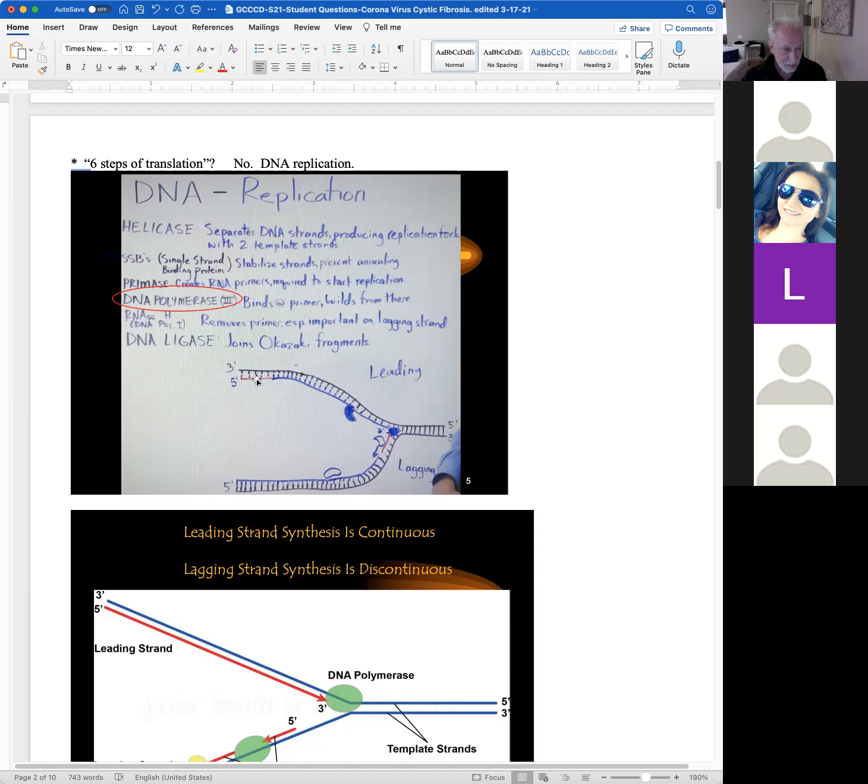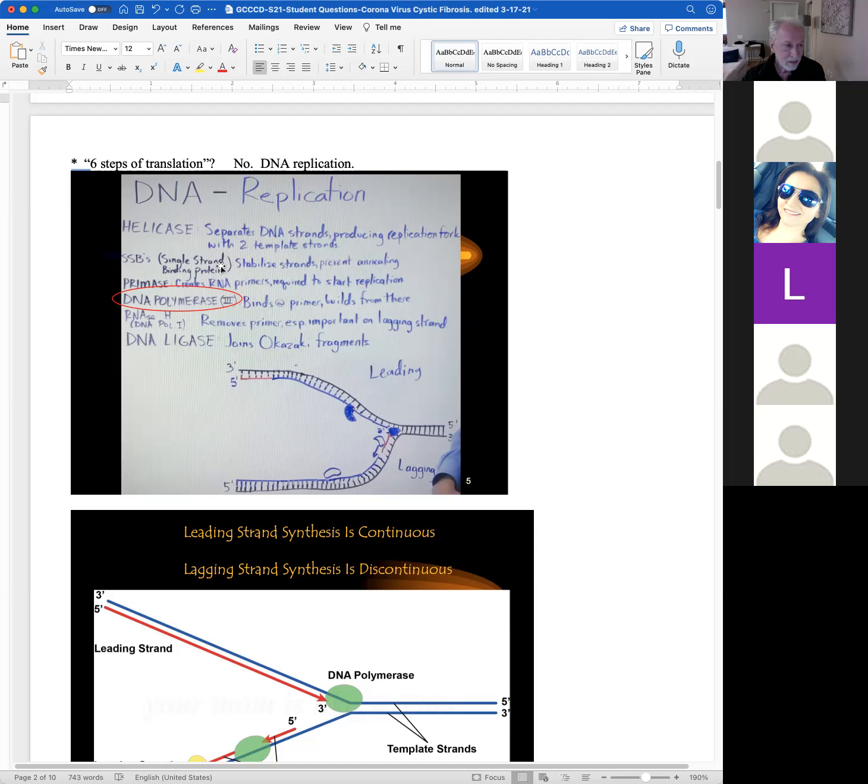The little red mark here in the drawing is a primer. So there's one on one strand, there's another on the other strand. The primer is necessary because the big player here, that actually does the replication, DNA polymerase 3, cannot start on its own. It has to have a primer in order to get going.